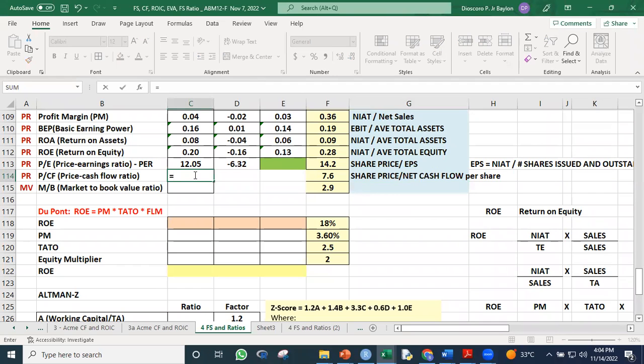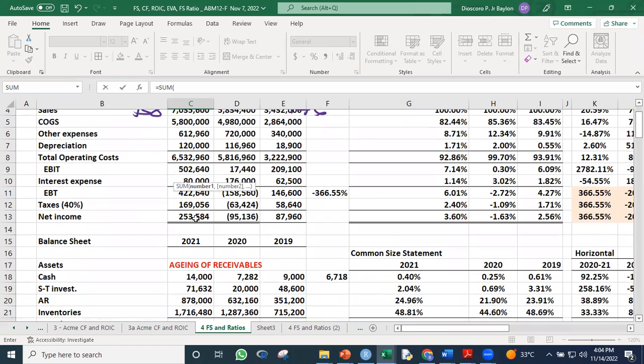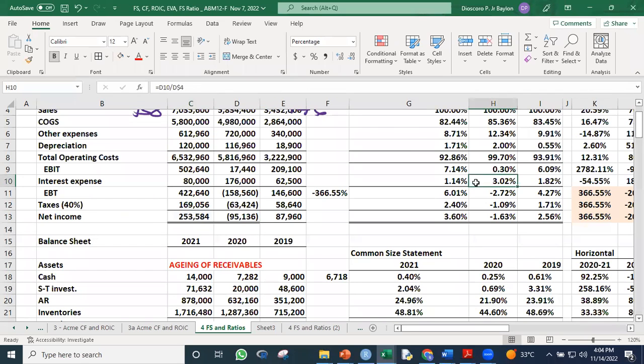Ano yung net cash flow natin? Di ba yung cash flow natin? So net income after tax plus depreciation. Pag ginagawa natin yun para maging cash to, no? Si net income after tax plus depreciation. And then, so ito na yung net cash flow.